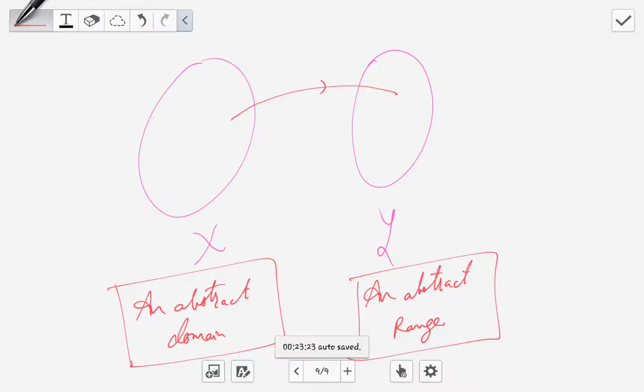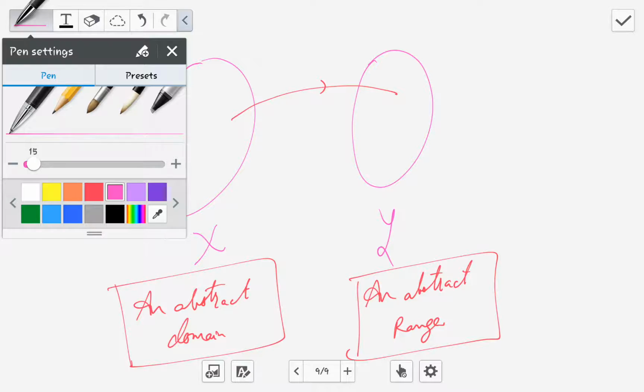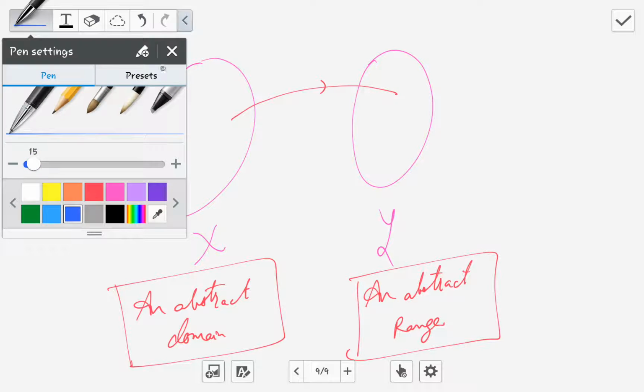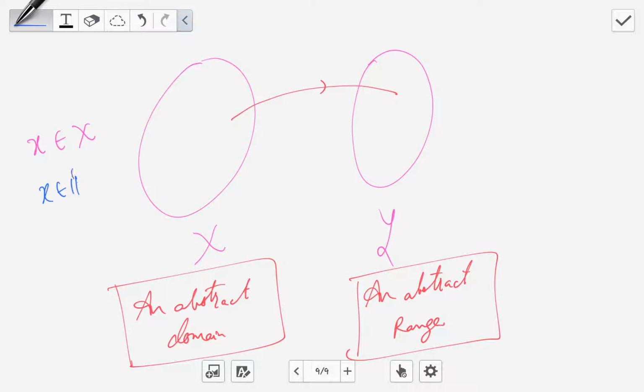Now let us specify something from here. So that something is, let each element x belonging to X be in a space Rd, where d is the dimension of the space. Okay.